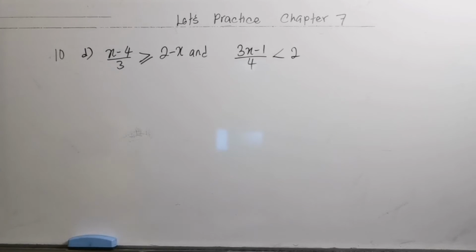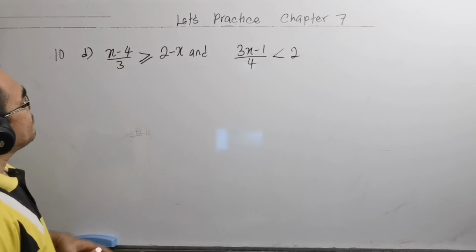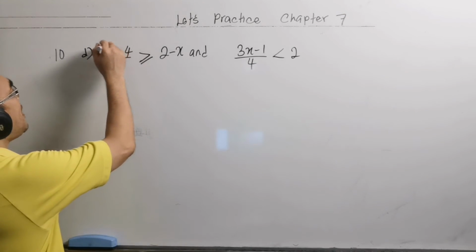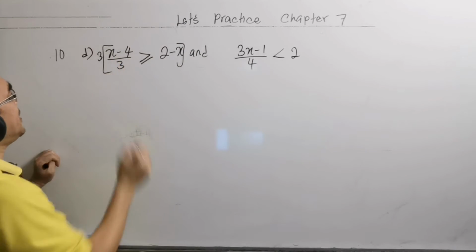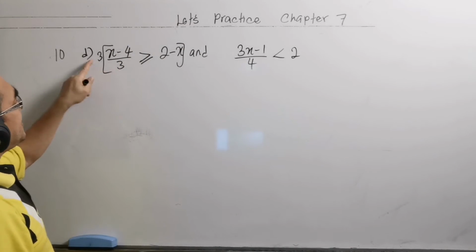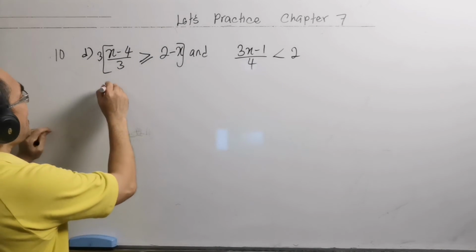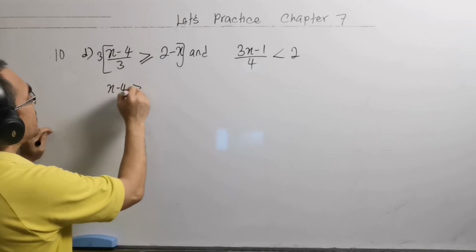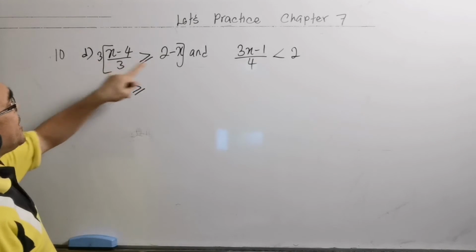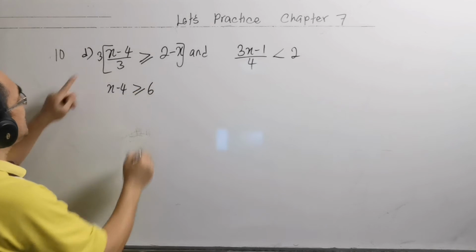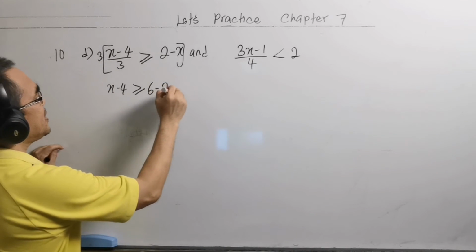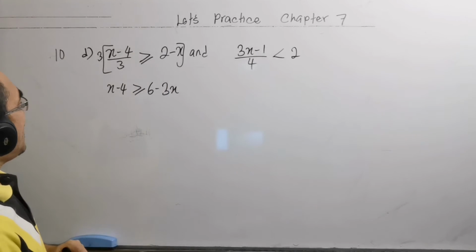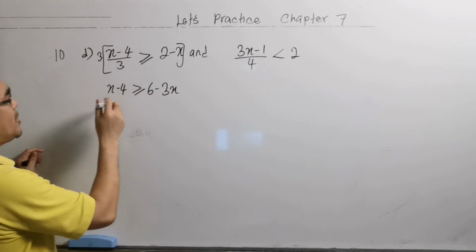Okay, let's continue with question D. For this one, I'll multiply the whole thing by 3. So 3 multiplied by this, you cut this, you get x minus 4. But then when you multiply 3 and 2, you get 6. 3 multiplied by negative x, you get negative 3x. And then I'll bring all the x to one side.